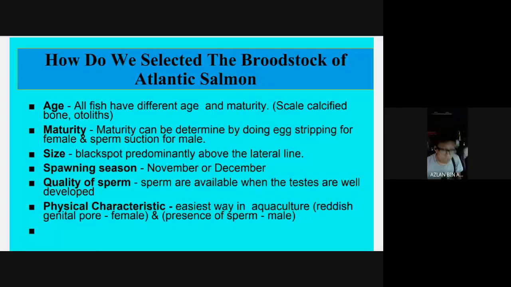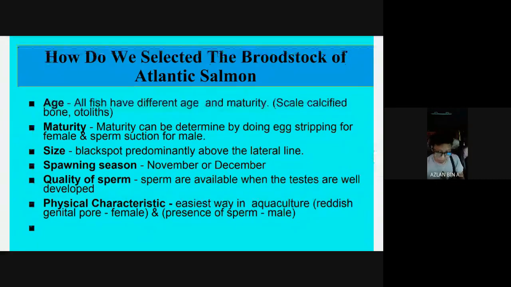Okay, first of all is age. Different fish have a different age and also maturity. And how to determine the fish age is by doing an experiment on the scale, calcified bone or otolith. The next one is maturity. The maturity can be determined by doing egg stripping for female and also sperm suction for male.